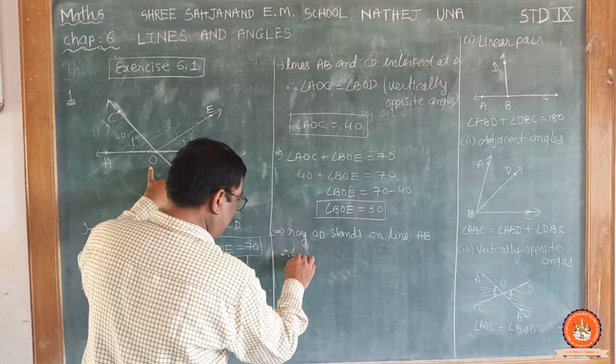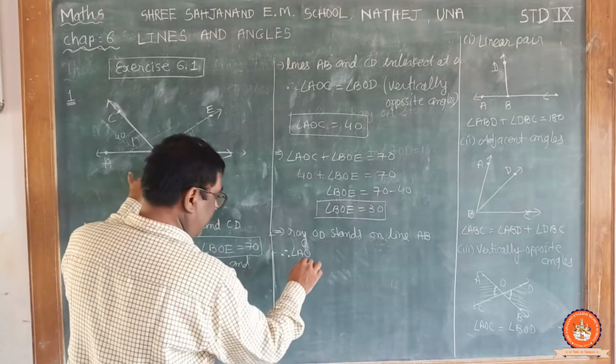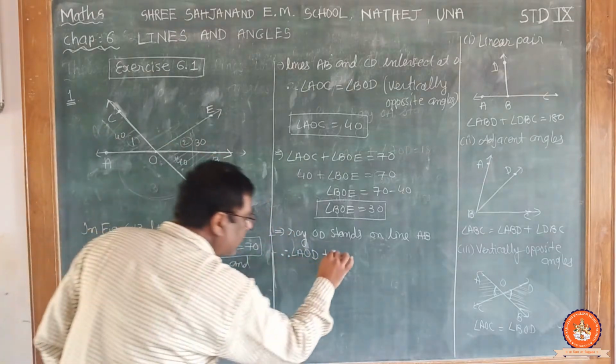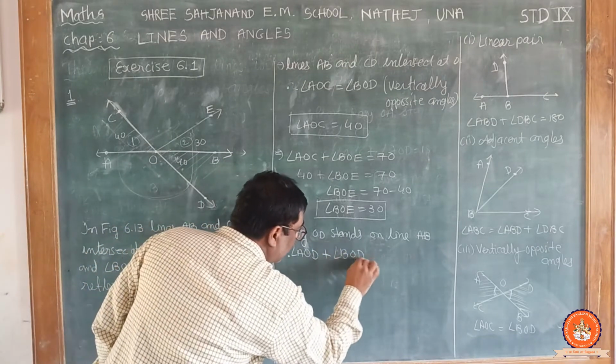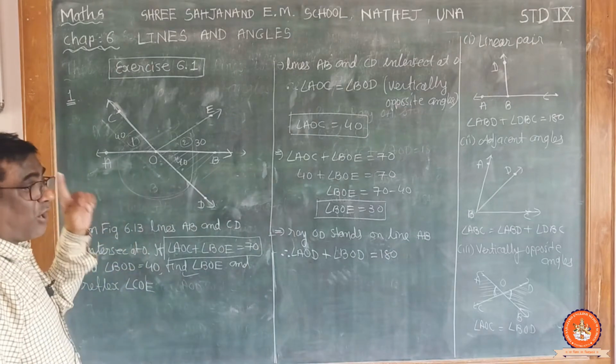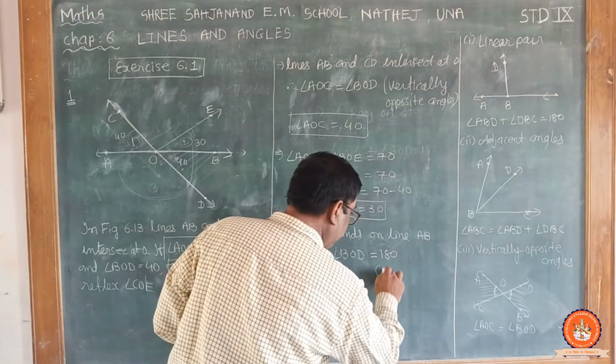So angle AOD plus this angle BOD is equal to 180 degrees because they form a linear pair.